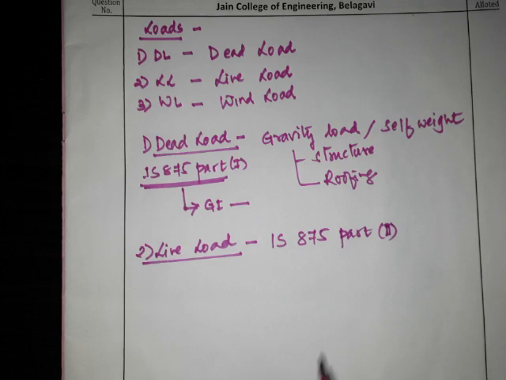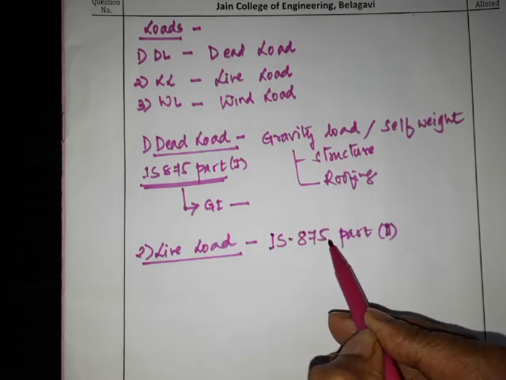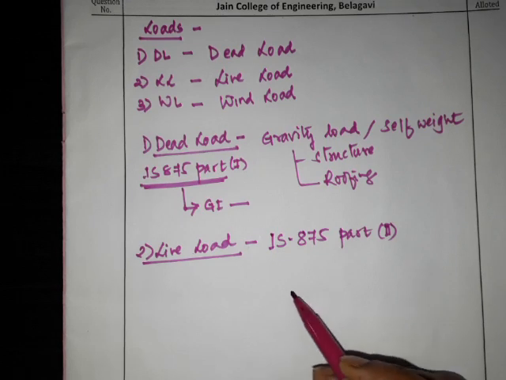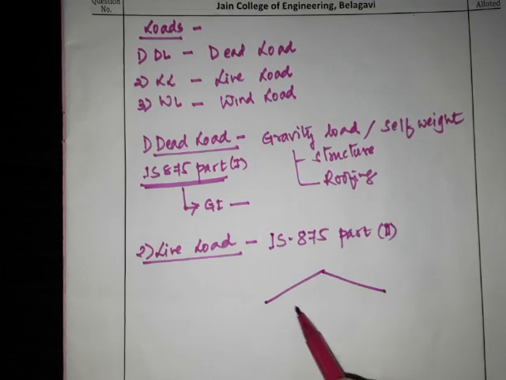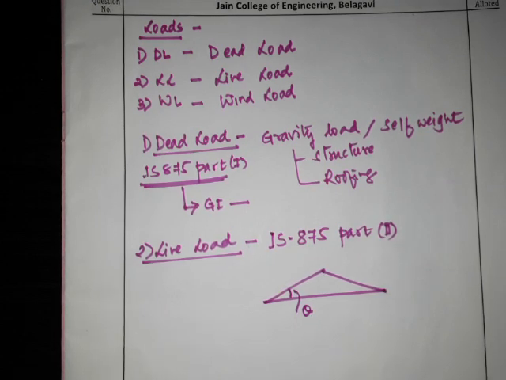So you have to refer to the Indian standard IS 875 part 2, with respect to the type of building. Even for a sloped structure, with respect to the slope, the theta, the load will change. All of it has been categorized in the code book, that is IS 875 part 2.